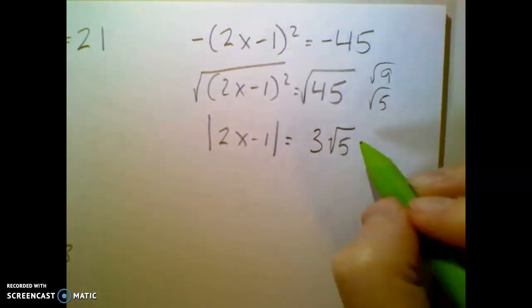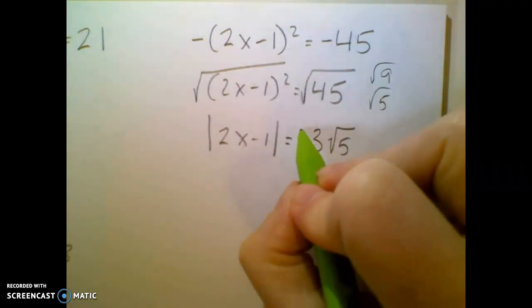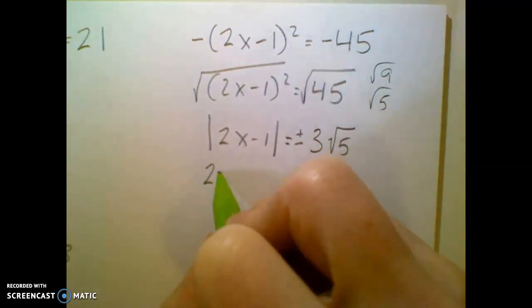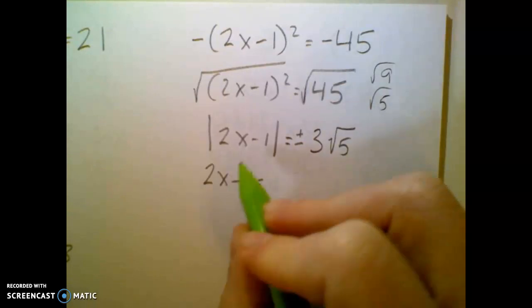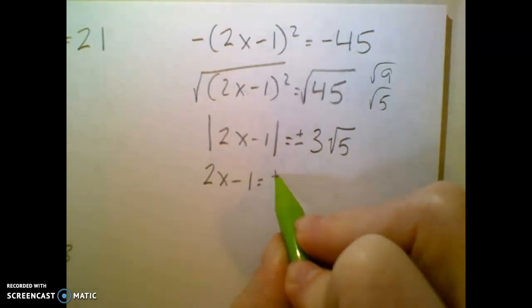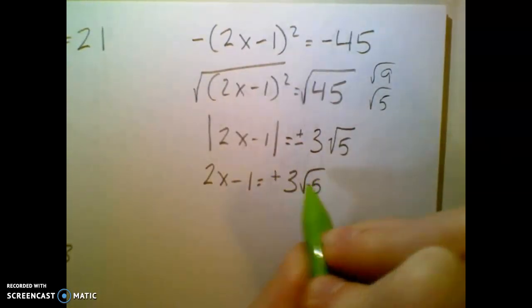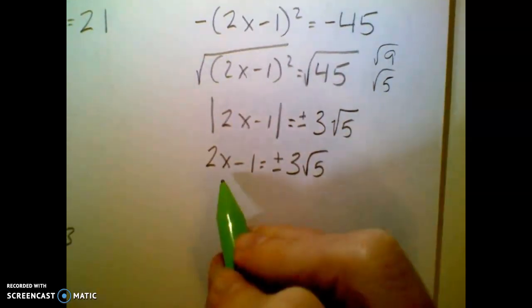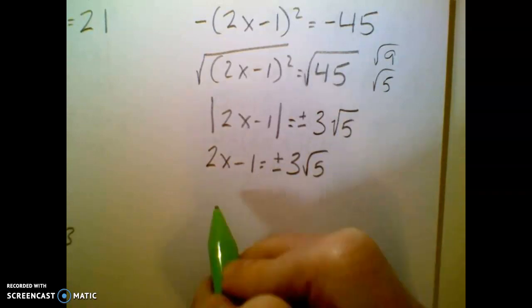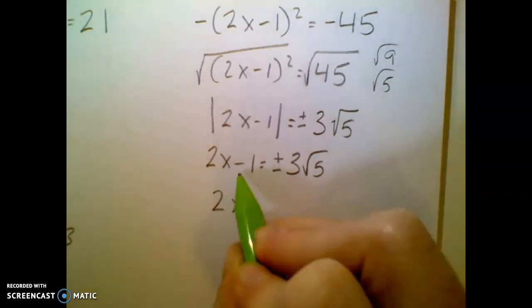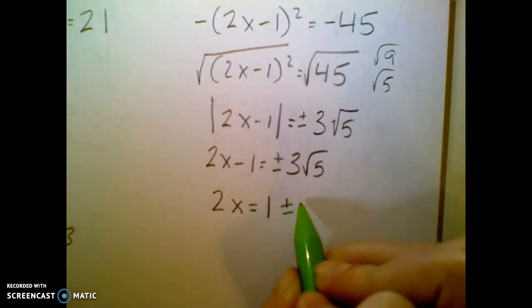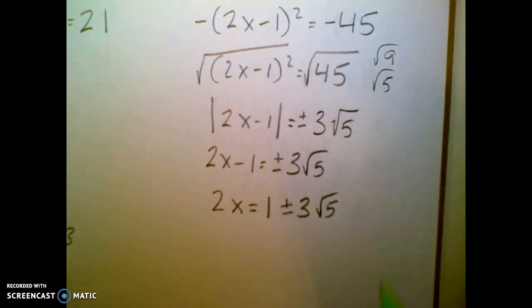Now, because I am going to have a radical, I can go ahead and do that plus minus thing here if that makes more sense to you. So I'm going to go ahead and solve this out and say the positive root would have a positive 3 root 5, and the negative root would have a negative 3 root 5. Now I'm still trying to get x by itself, so I'm going to add that 1 over. And I can't add it to the actual number. It's going to be literally 1 plus or minus 3 root 5.